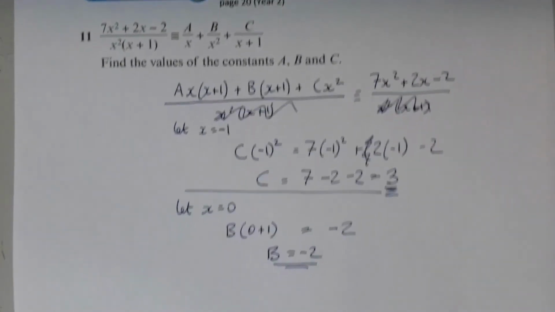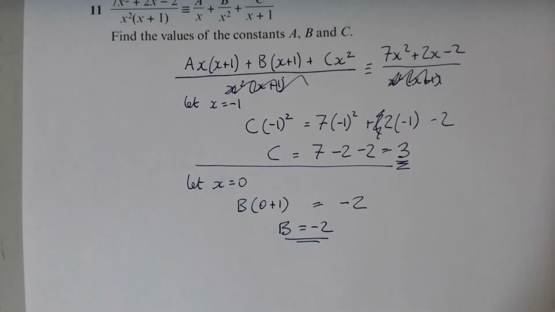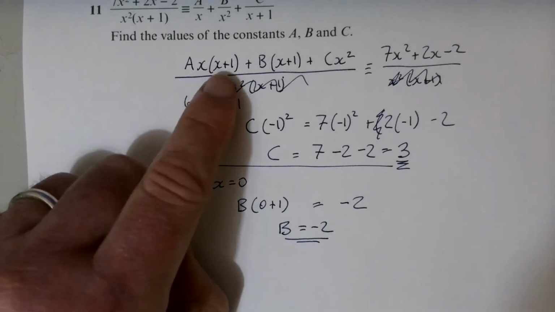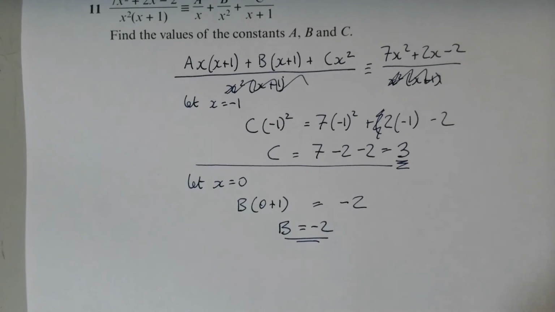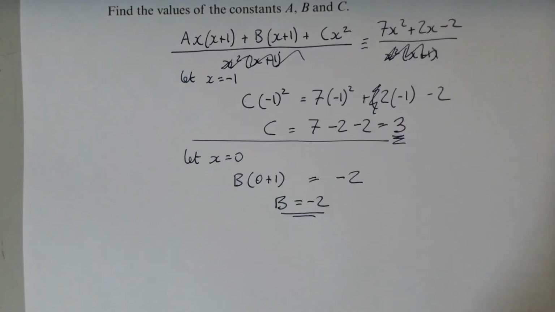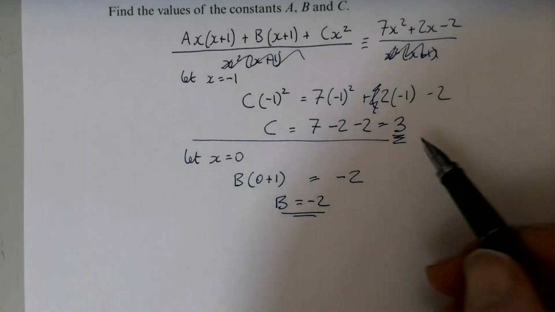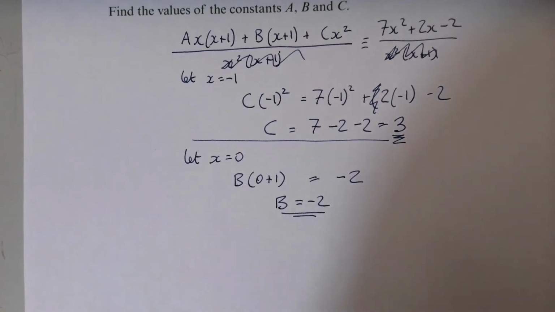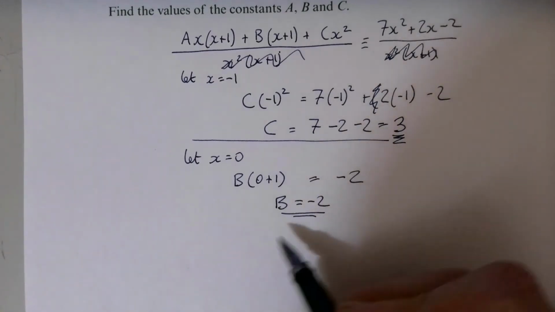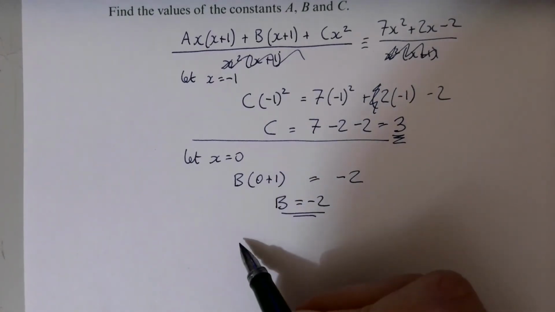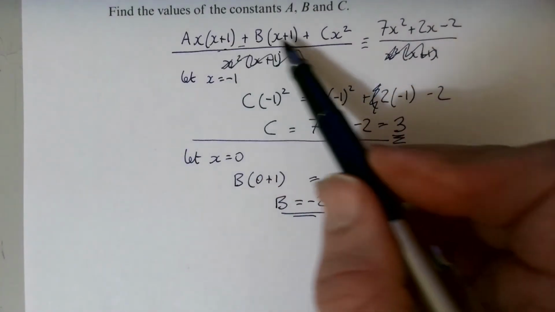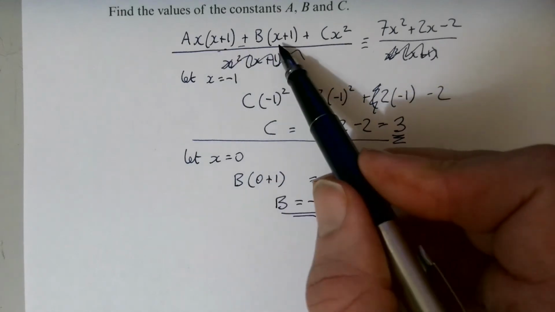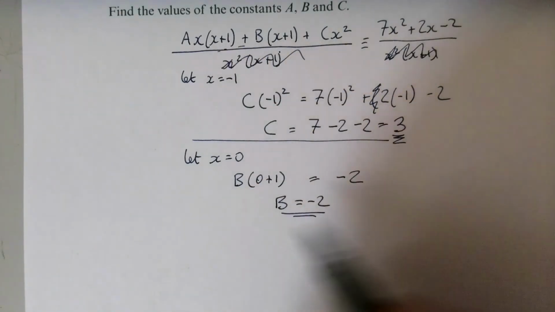Now that we've found two of them, we've already used both these factors that make a equal to 0, but what we can do is something even simpler, and we can go back in and say, well, I know what c is now, I know what b is. But in order to do that, I need to get these terms multiplied up as well.